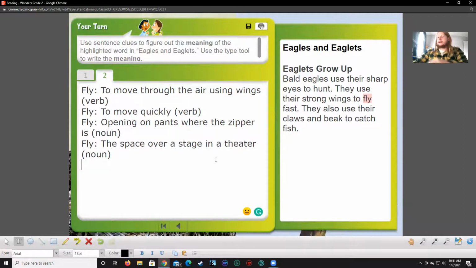let's go ahead and look at our context clue. Bald eagles use their sharp eyes to hunt. They use their strong wings to fly fast. So my context clue is strong wings.